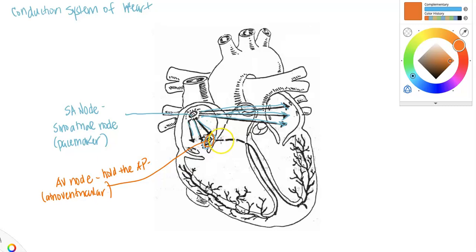So the action potential then travels towards the septum, so the interventricular septum, and at the interventricular septum is this AV bundle. It's also called the bundle of His.